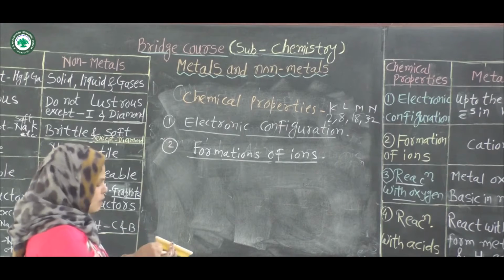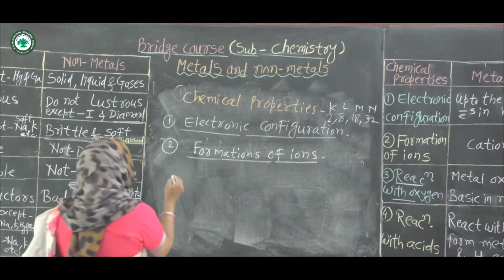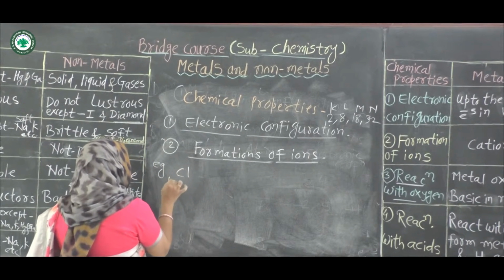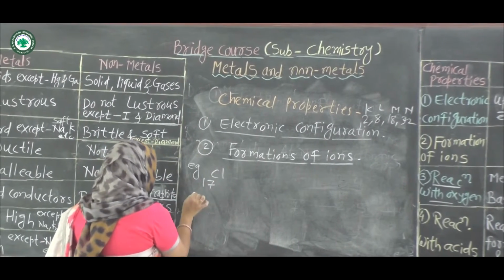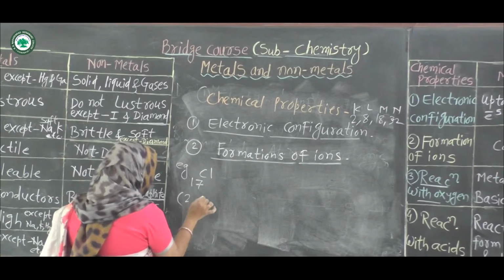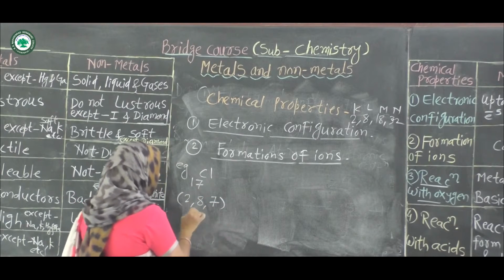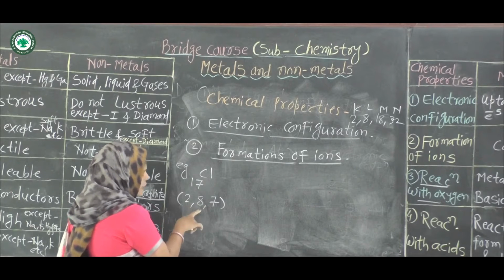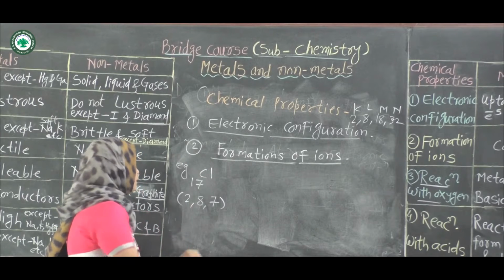It is the formation of ions, in which we see, for example, chlorine. Its atomic number is 17, electronic configuration is 2, 8, 7. In the first shell 2, in the second shell 8 and in the third shell 7.